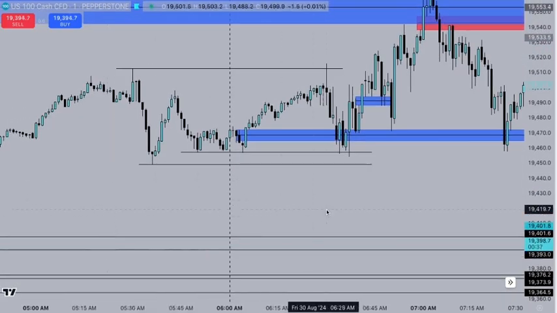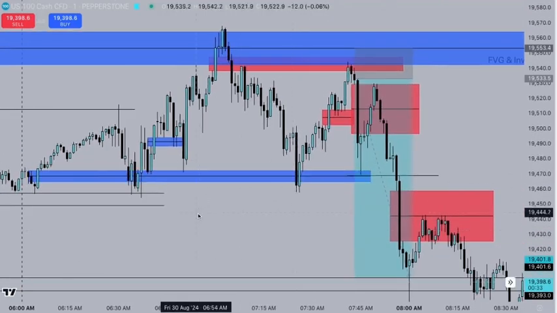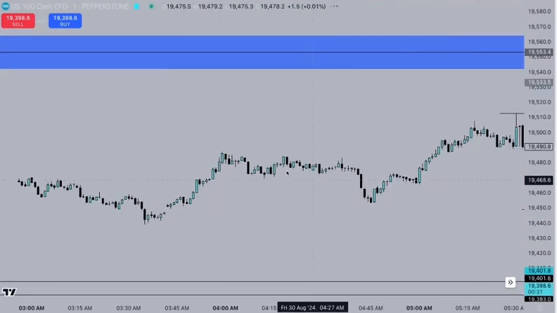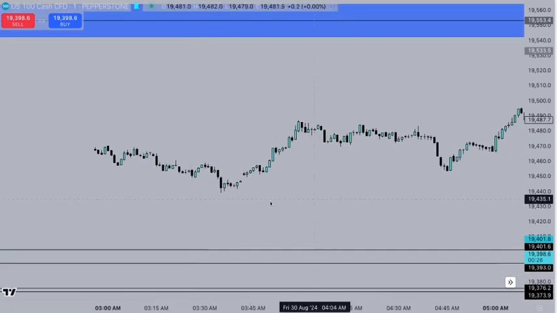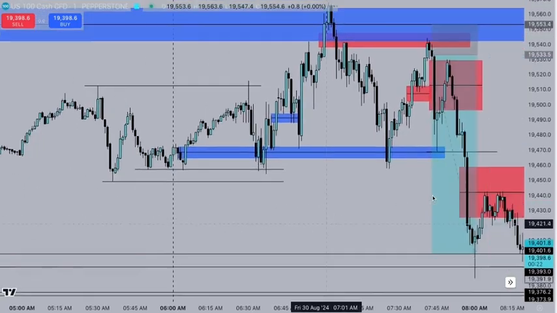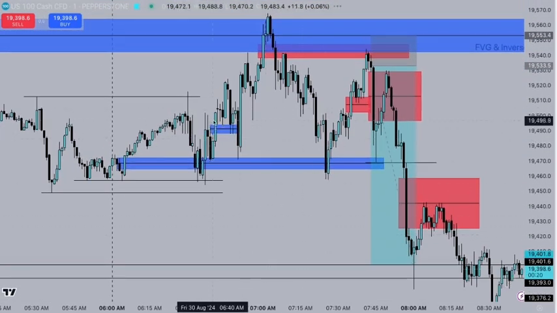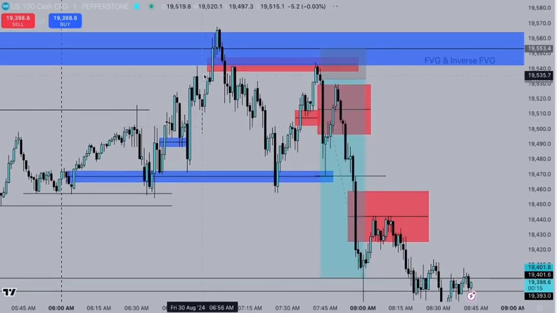It's more helpful to mark these out during New York session because that's when we have the most price action, as you can see. Other sessions, as you can see, there's not a lot going on. So that's fair value gaps and inverse fair value gaps and how you can implement those in your trading.